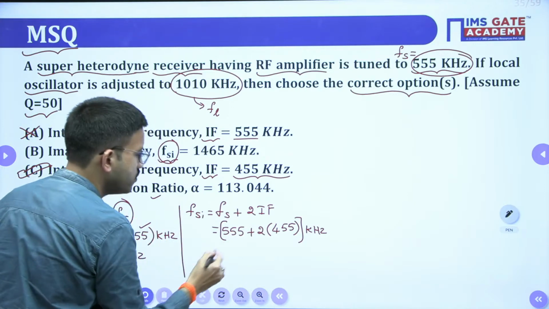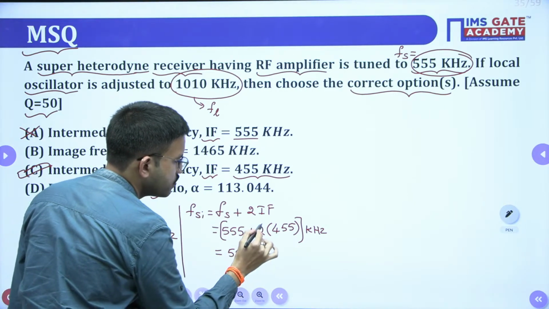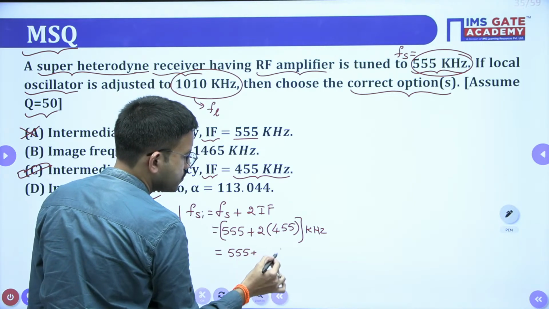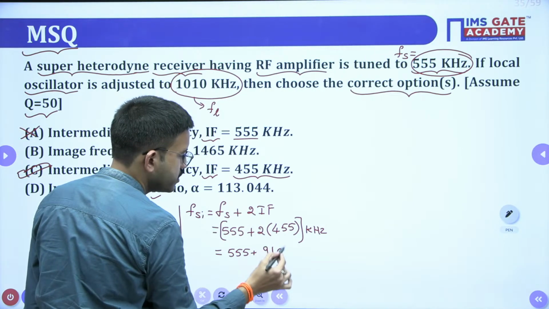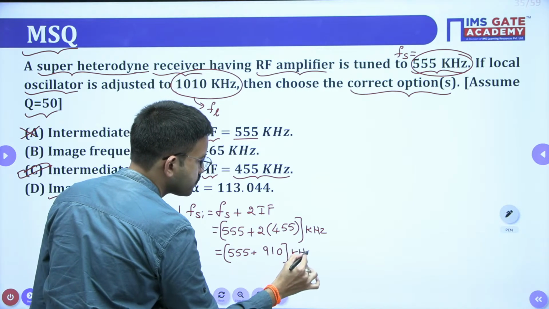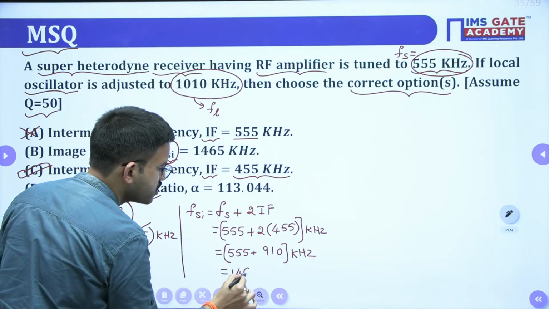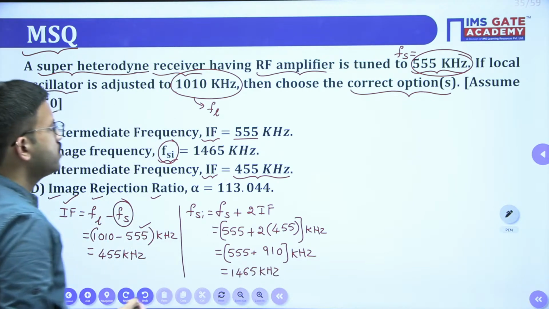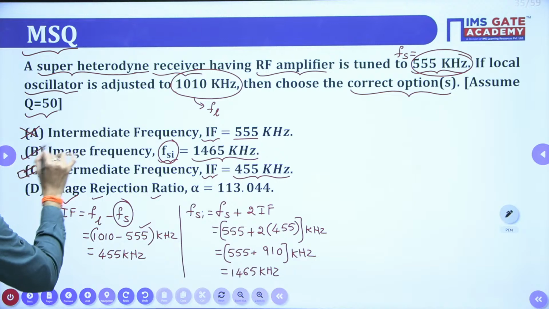So just do the simplification. Here 555 you are having, so multiply 2 with 455, you will get 910. 555 plus 910 kHz, if you add these two, you will get 1465 kHz. Yes, here also they have mentioned 1465 kHz. So that means option B is correct.